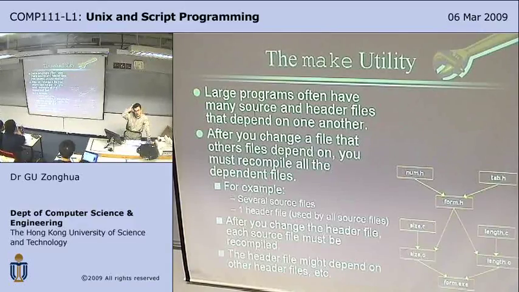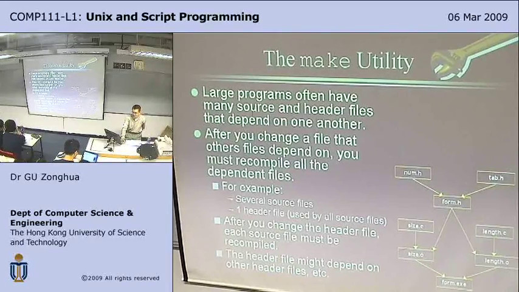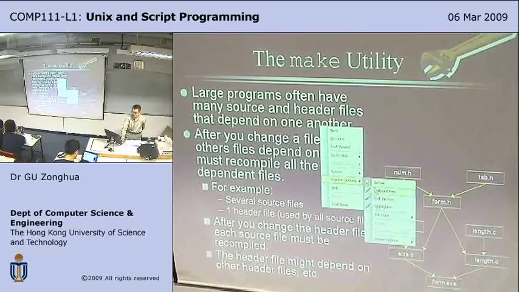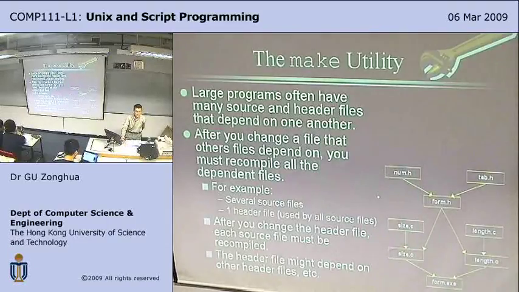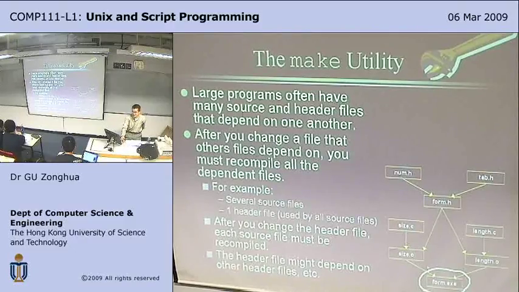So programs have many source and header files that depend on one another. So after you change a file that other files depend on, you must recompile all the dependent files. Look at this example dependency graph. Your final target is the form.exe file.